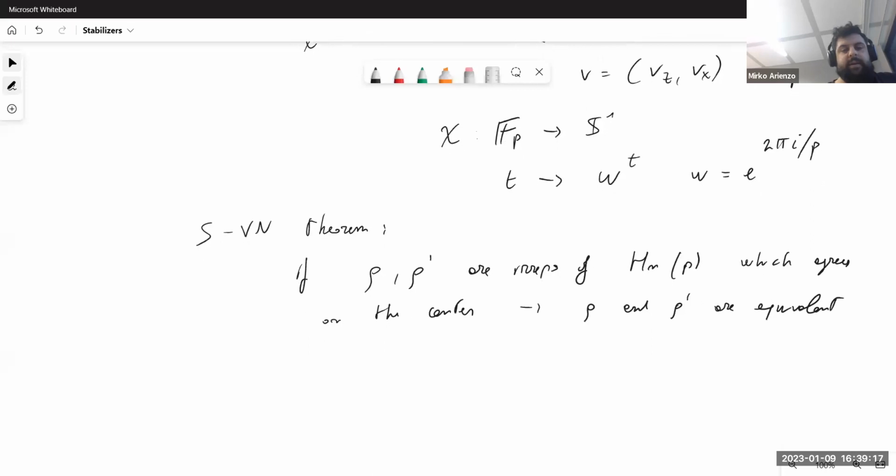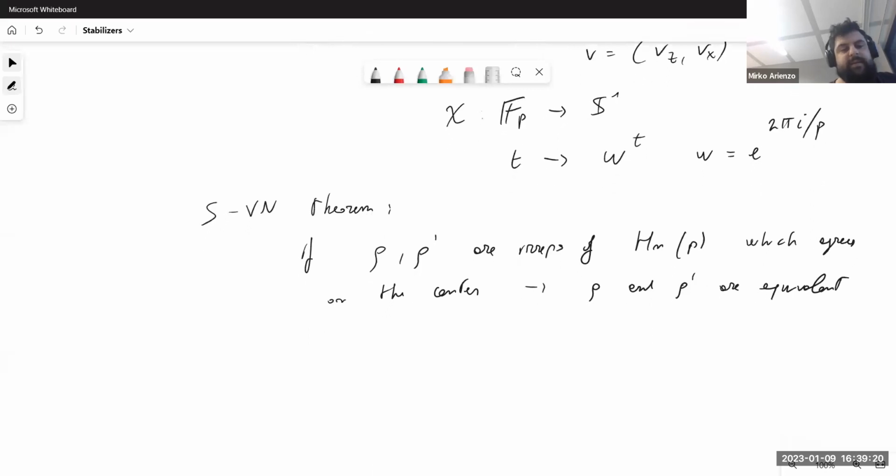Another fact that is interesting here is that we can retrieve the irreps of the phase space, and these are just obtained by discarding the t coordinate, so we stay with an irrep of phase space. This is just W of (v_z, v_x, 0).